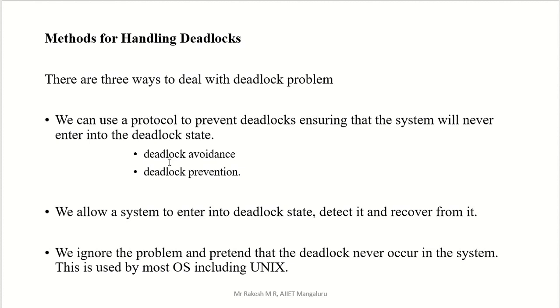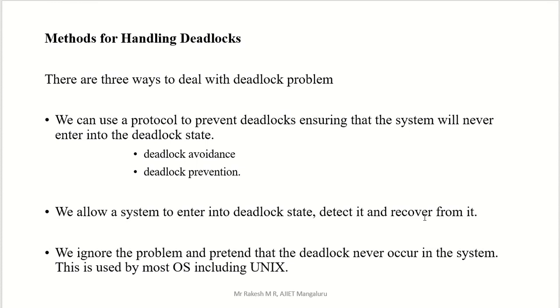The second method is we allow a system to enter into a deadlock state. We are going to allow that, detect the deadlock and recover from it. So you are going inside the deadlock, and the solution comes only when you have entered the deadlock. Then enter into deadlock, get the deadlock state, then detect it, then solve it.